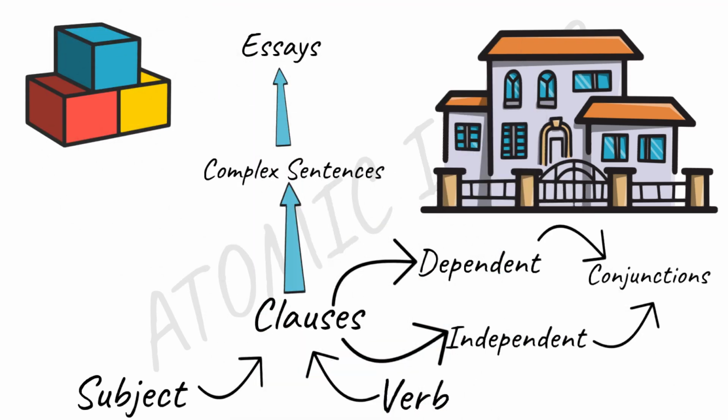By joining these clauses with conjunctions, you create complex sentences, similar to connecting rooms to make a larger living space. When you put enough of these complex sentences together, you construct a complete essay, much like how rooms combine to form a house. Each part supports the other, resulting in a well-organized and meaningful whole.